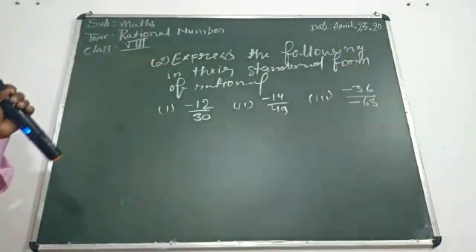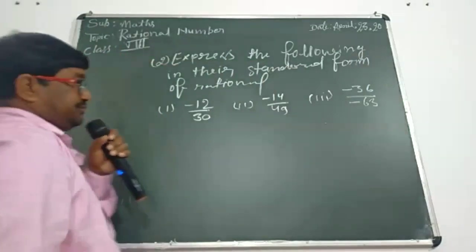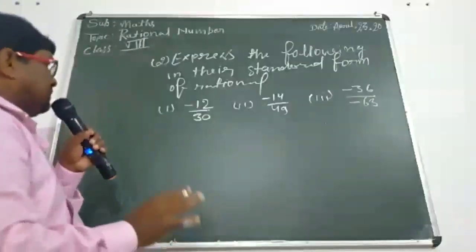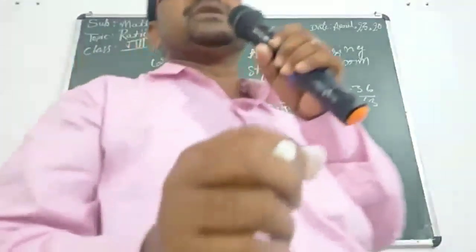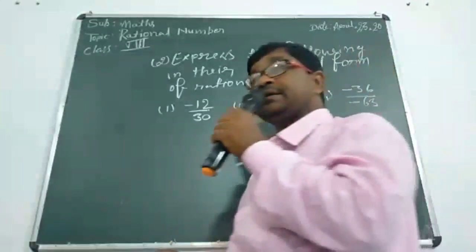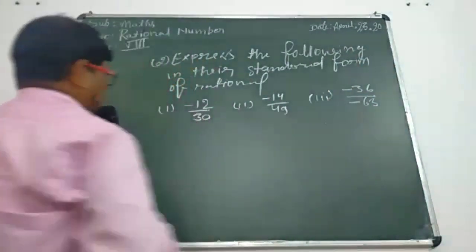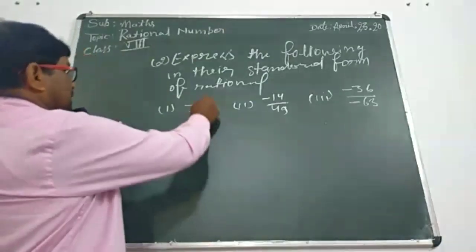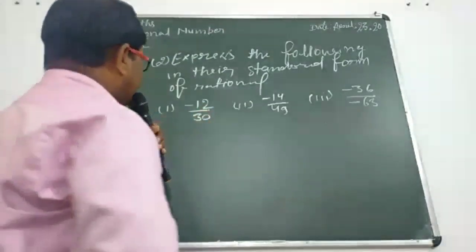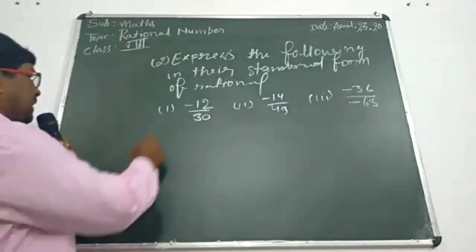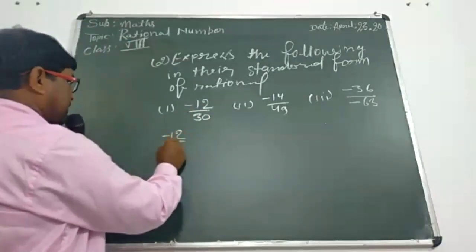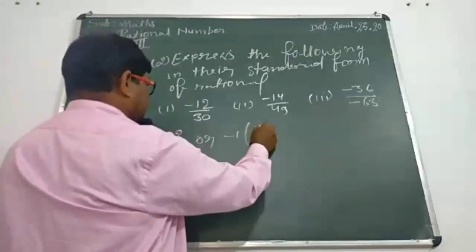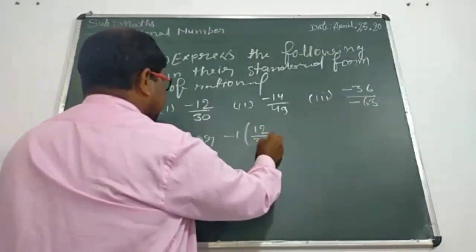In a standard form, according to your concept, first of all you should select the highest common factor to divide numerator and denominator exactly. Here 12 and 30. Minus 12 upon 30 means minus 1 into 12 upon 30.